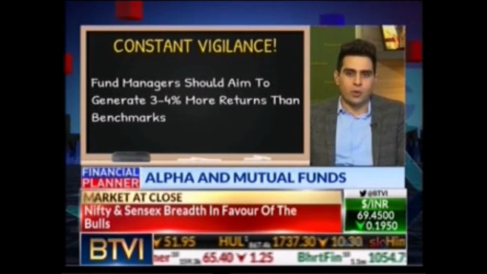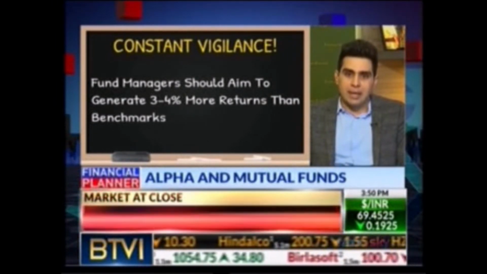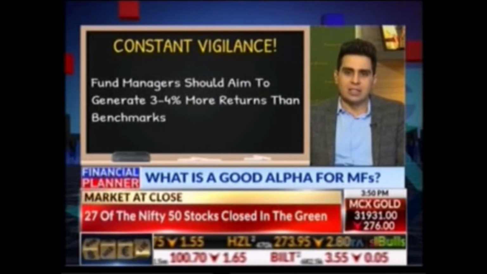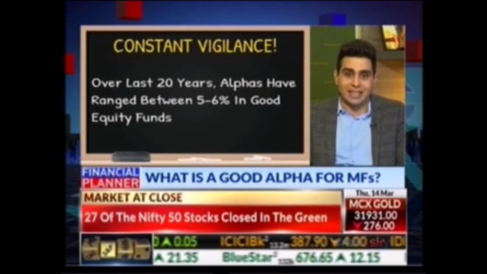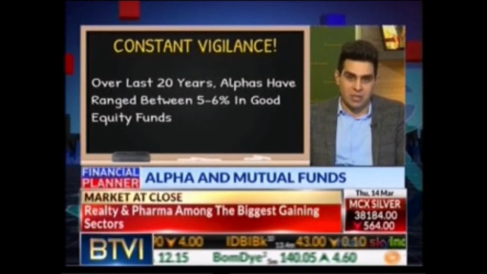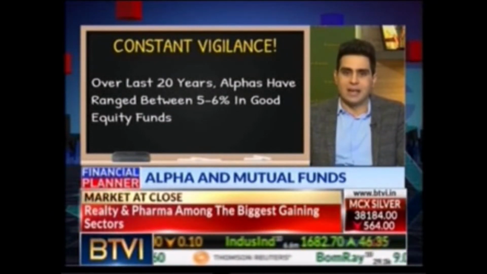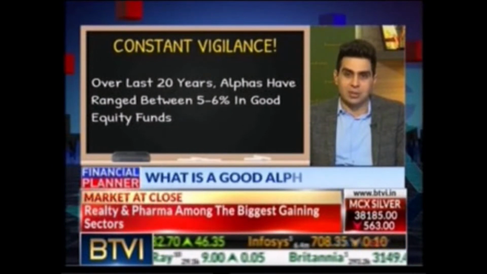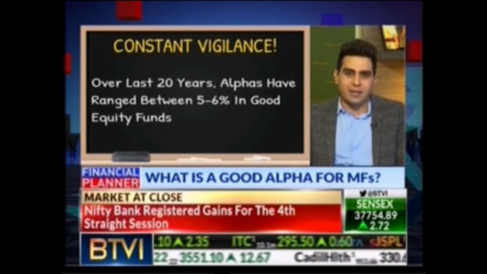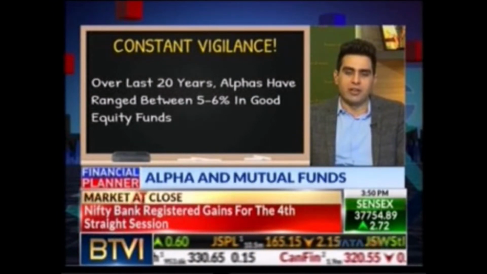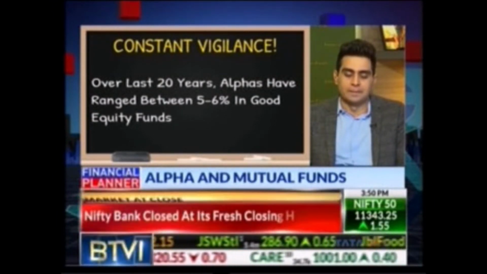And then coming to your question, Fatima, over the past, I think the alphas in the last 20 years have ranged between 5% to 6% in good equity funds, which is phenomenal, unlike in the US, for example, where the alphas are negligible. Last 1 year to 1.5 years has been a very bad year for mutual funds, where they have not generated extra return over its benchmark.